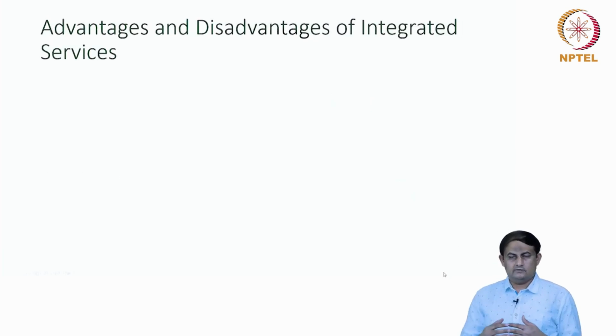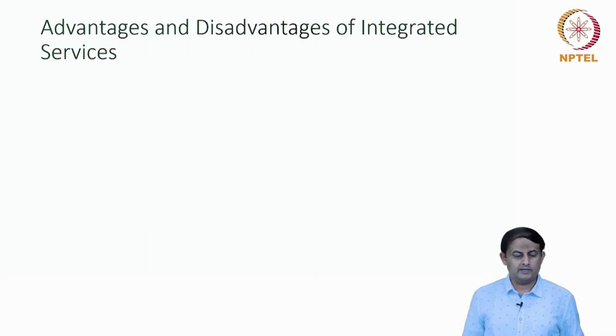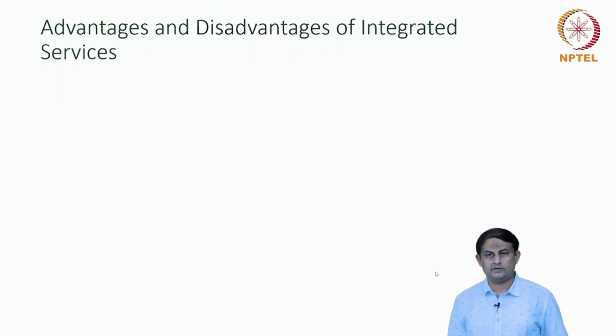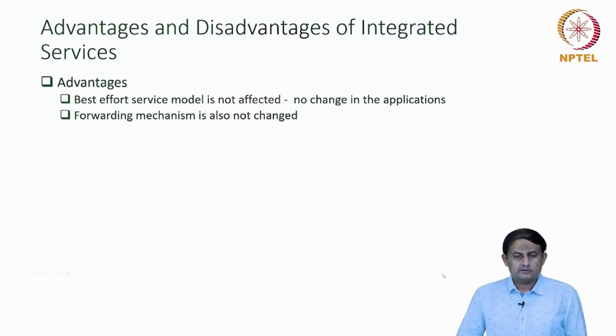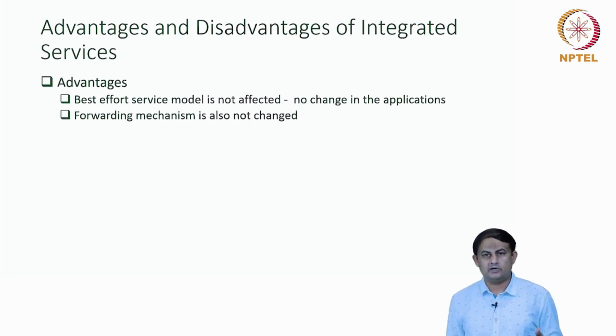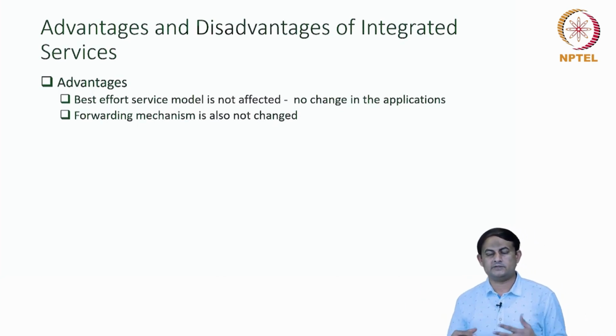So with that background, the integrated service model primarily uses RSVP as a signaling protocol to reserve the resources for different transmissions. We'll spend a minute on understanding the advantages and disadvantages of the integrated service model. The advantage is that one of the services it offers is best effort service, which is exactly the same as the IP model, the default service model of TCP/IP.